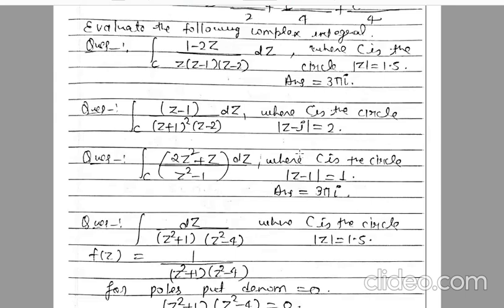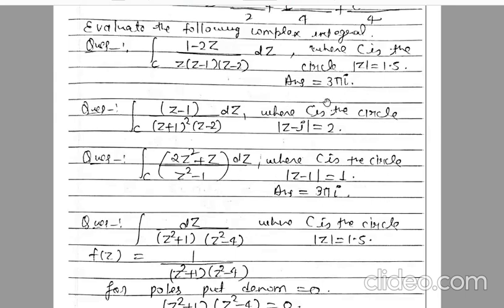That means this is a circle of radius 2 but with center at (0, 1). So you will draw a circle which has center (0, 1).